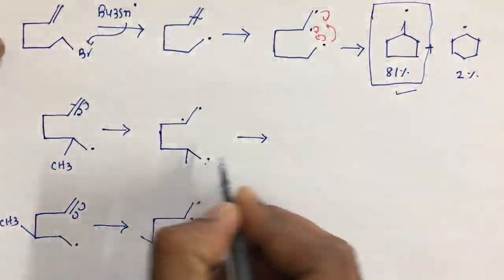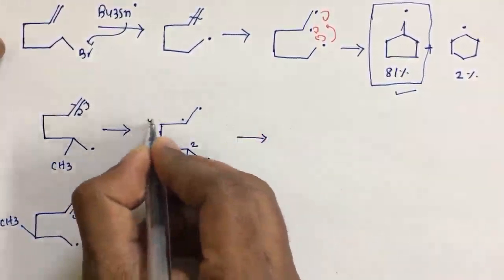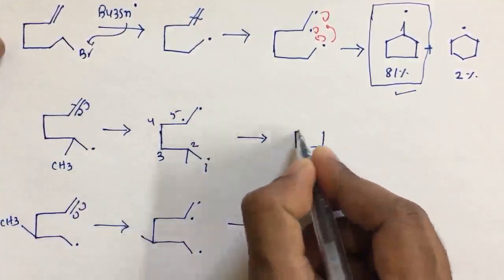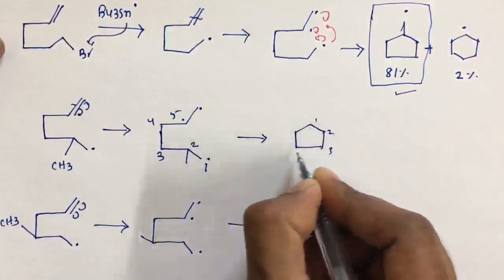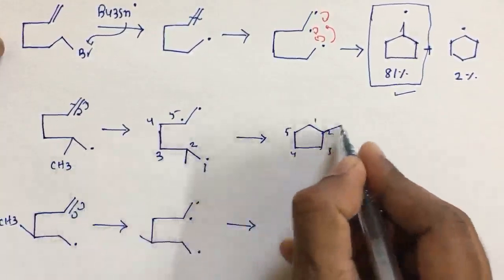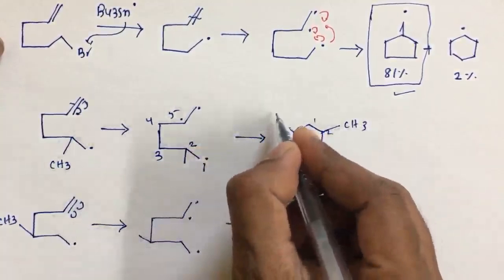For the 5-member ring, just start numbering from here, 1 2 3 4 5. So at the second position a methyl group is there, and at the 5th position another radical is there.